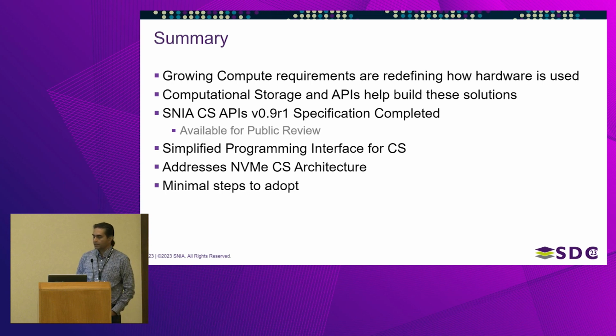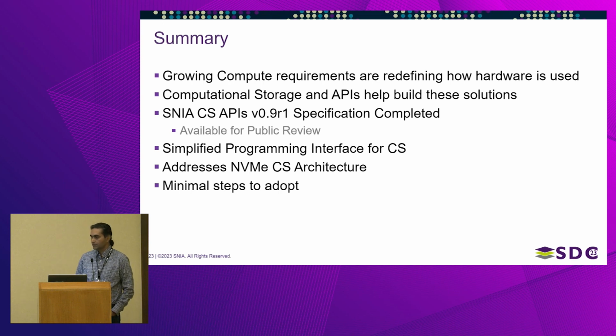Computational storage and the APIs provide a means to that. You can build solutions with the definitions that we have defined in SNIA today. And the API specification is essentially complete at 0.9, and we are ready to get it to a standard.